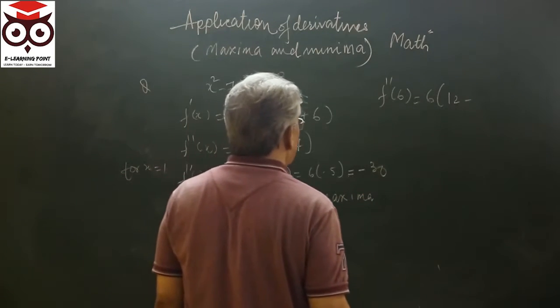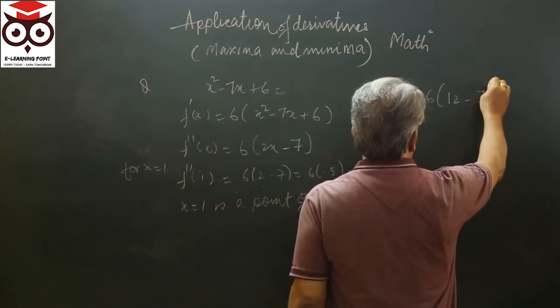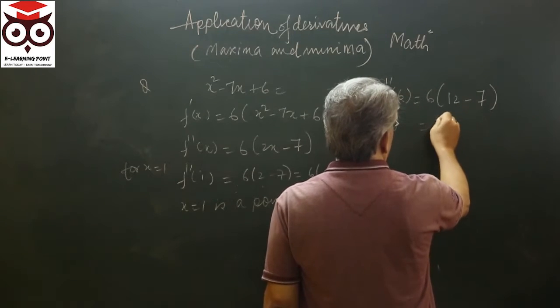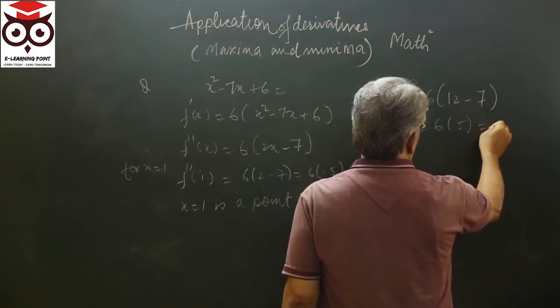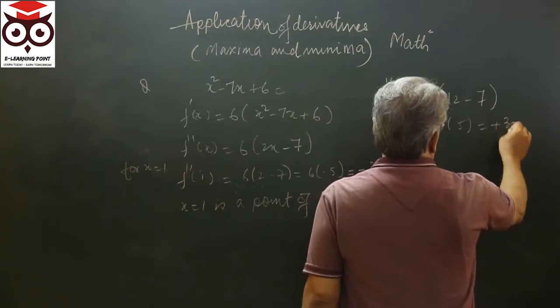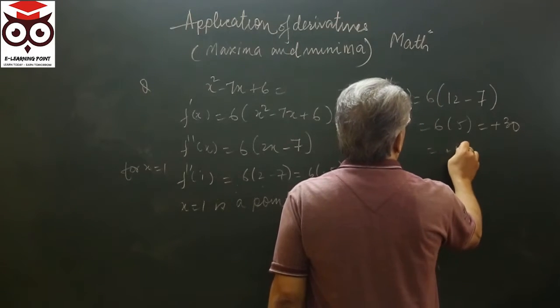Right? Similarly, I will put here, this is 12 and this is 7. So I can say this is 6 and this is 5. So here the value is 30. So we can say it is positive.